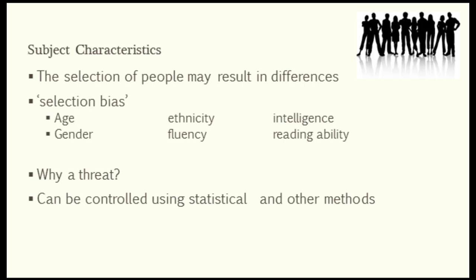So some subject characteristics that could potentially threaten the validity could be really any characteristic that a person or a group might have, and those could be age, gender, ethnicity, in terms of students, your fluency, intelligence as determined by some kind of assessment, or your reading ability. So these are all subject characteristics that could potentially be considered threats to internal validity, depending on how your study is designed.